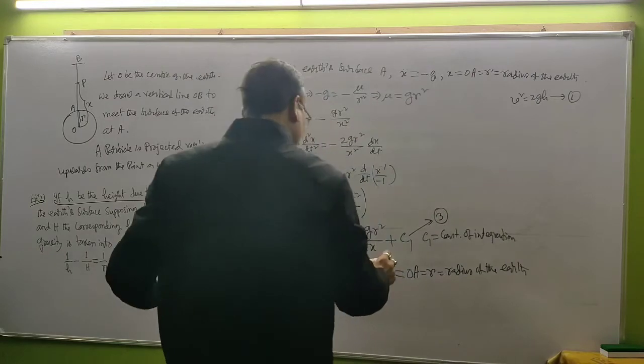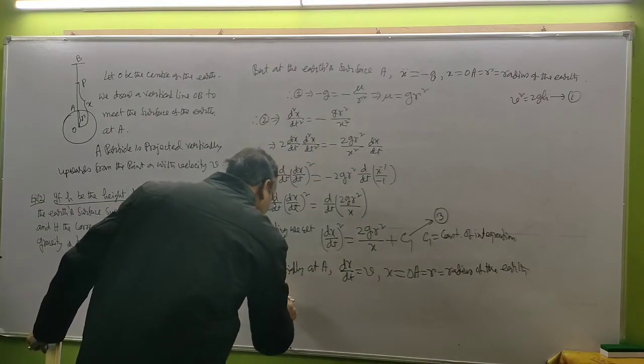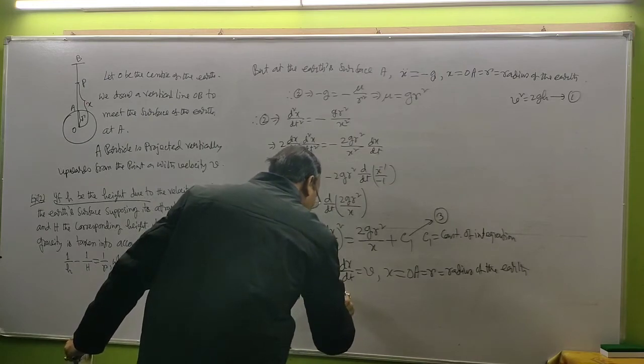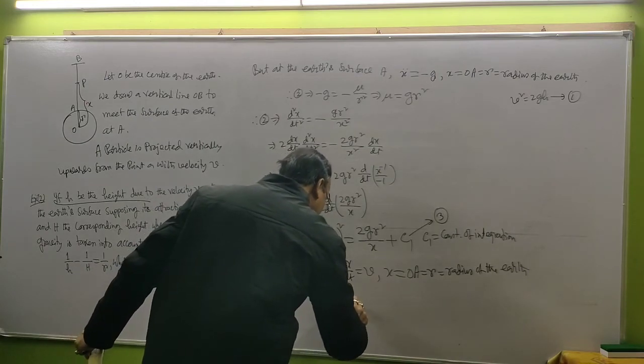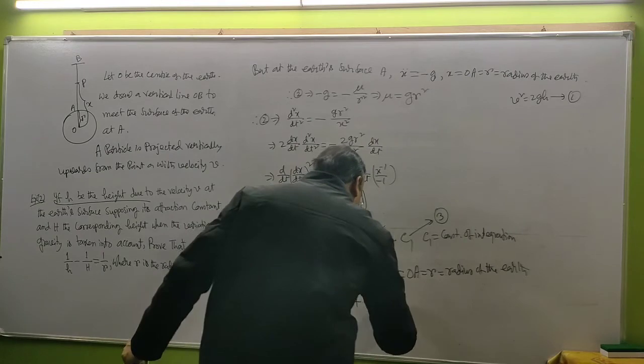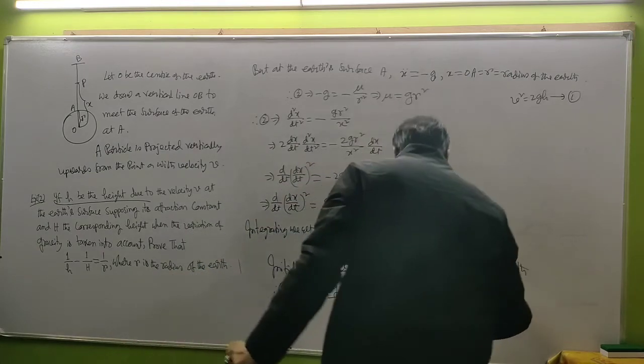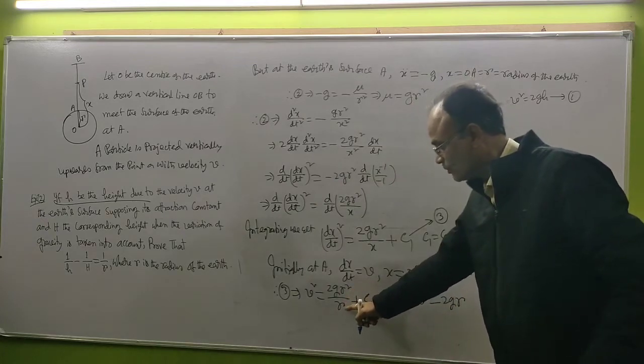Therefore, from 3 you will get v² = 2gR²/R + c1. This means c1 = v² − 2gR, since R will be cancelled.